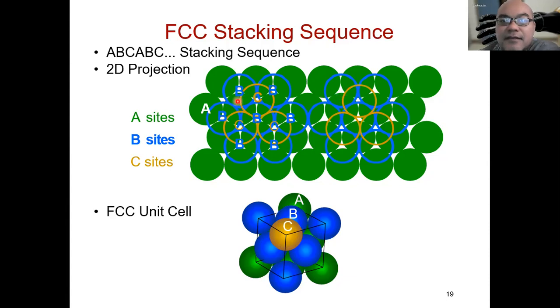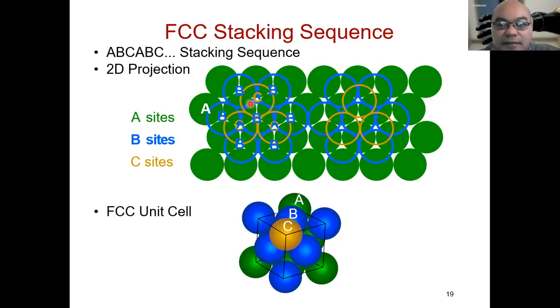After that, C indicates that the third layer will be located in the space not exactly above the balls of the first and the second layers, but in the space between them.